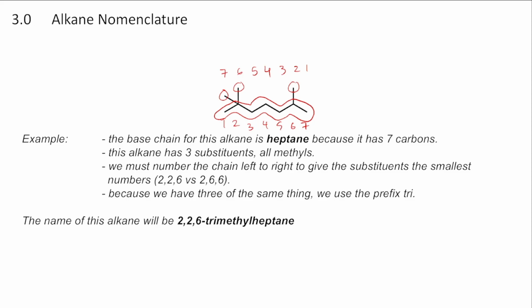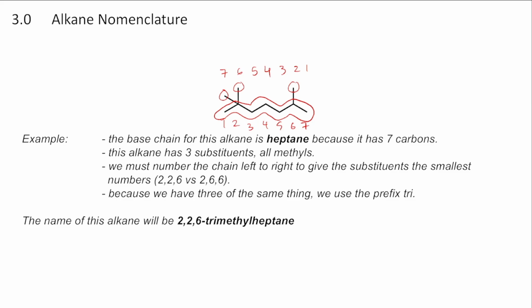The first substituent we hit going left to right is on carbon 2. And then the first substituent you hit going right to left is also carbon 2. So in this case, what we do is we look for what's called the first point of difference. If there's a tie, basically forget about those first substituents and then look to see the second substituent.